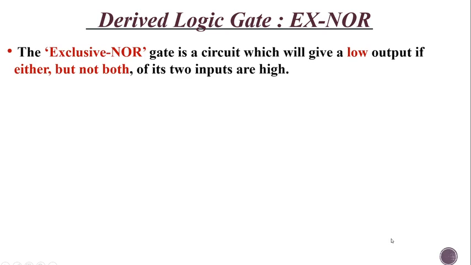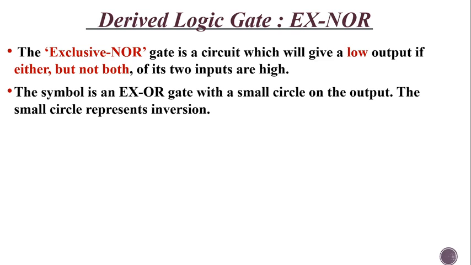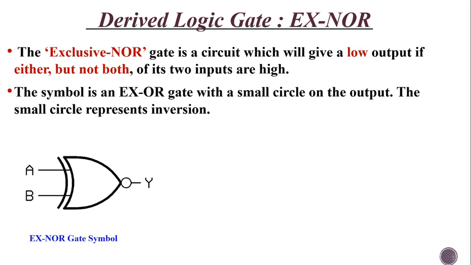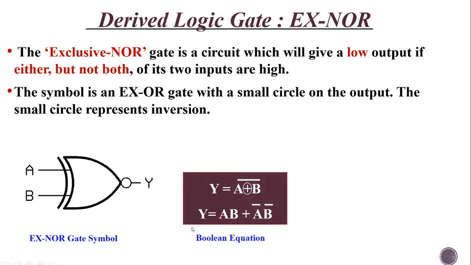Second is the XNOR gate. Here is the XNOR gate. This is the XOR plus NOT, that is, the bubble is represented here at the output, and this is the expression for the XNOR gate.